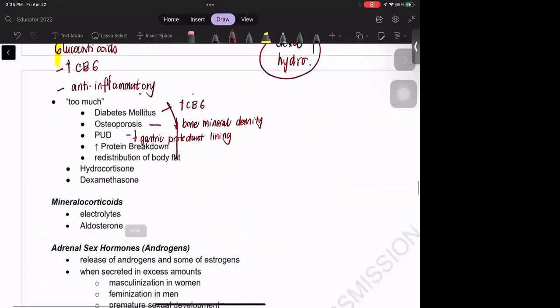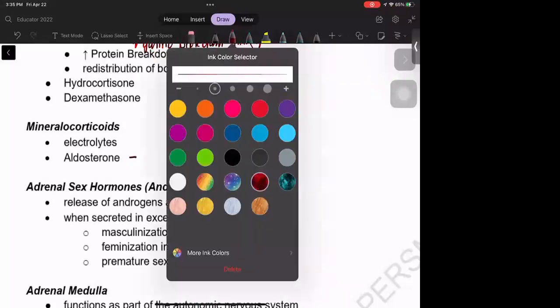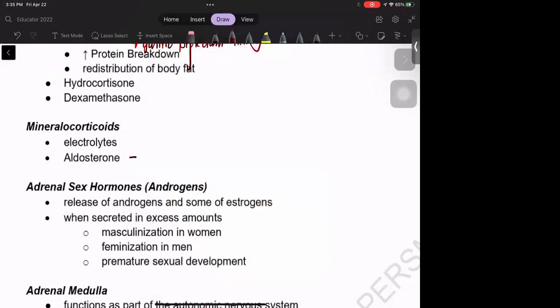Now, mineralocorticoids. Class, your mineralocorticoids will be taking charge of your electrolytes, particularly, as we have mentioned repeatedly, aldosterone will be talking about sodium and water retention. Now, let's elaborate our knowledge. Since we have sodium and water retention, our patient will be at risk for hypernatremia.